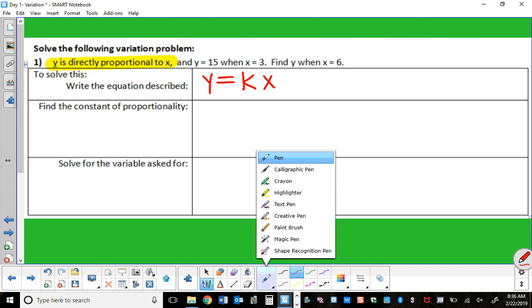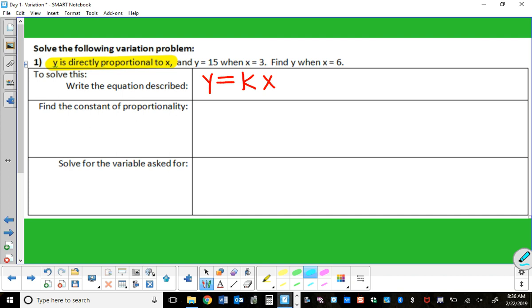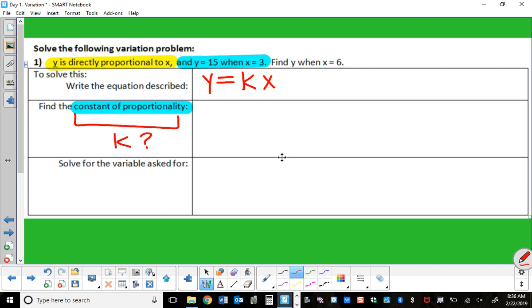Step 2 tells you to find the constant of proportionality. So when I do the second part of my sentence, this basically is telling me to find the k. Okay, what is your k? So I'm going to plug in and solve for k. I have the same exact equation, y equals kx, but it says y is 15, and x is 3.